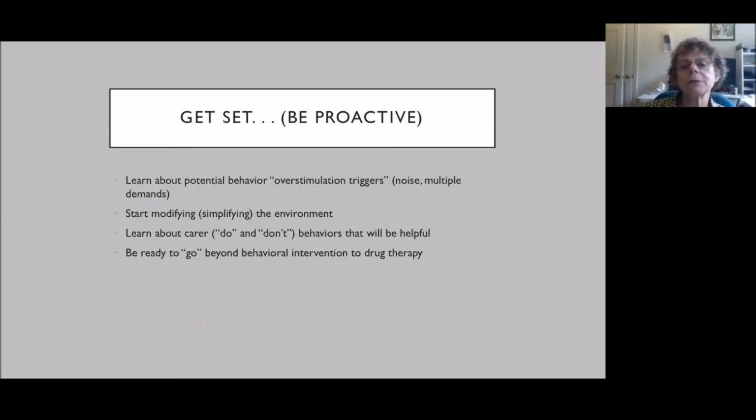Those are overstimulation triggers for individuals with Huntington's that can then lead to agitation or anxiety. Early on, start modifying or simplifying the environment. By simplifying, I mean giving more time for the person with Huntington's, and cutting down on the noise and the stimulation that the person is dealing with.